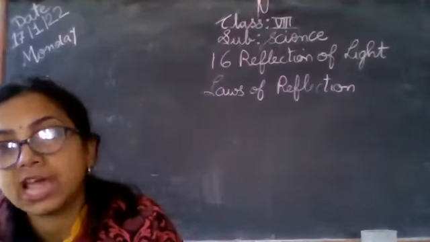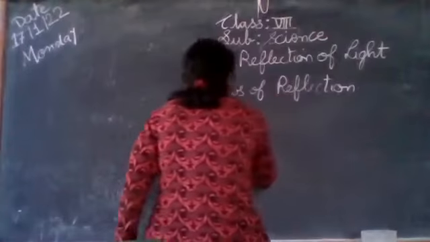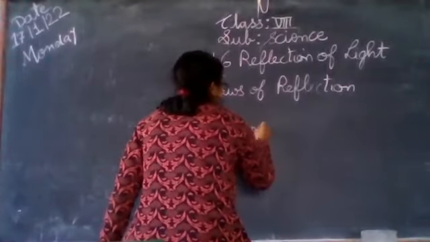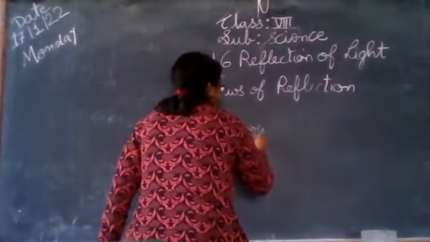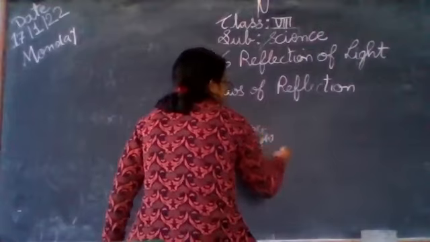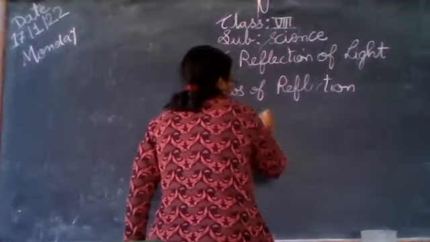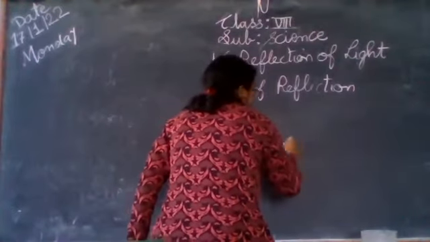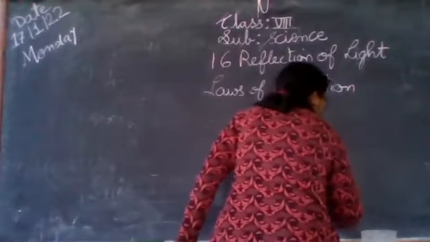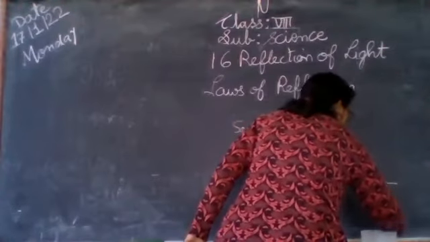So what exactly is happening? Suppose this is the source of light. The rays fall on any object. Suppose this is a table.